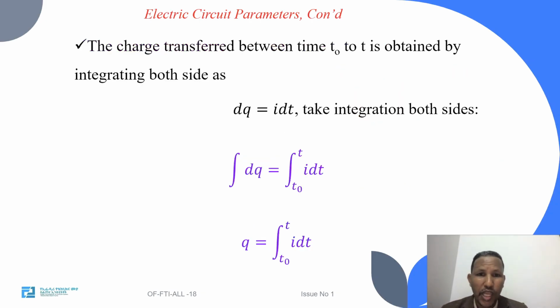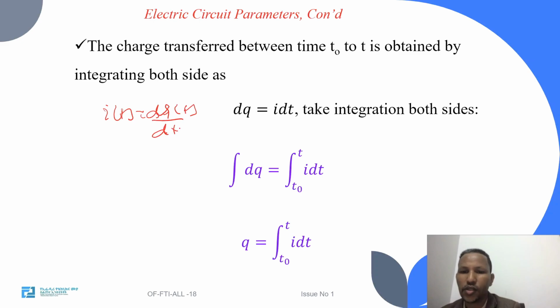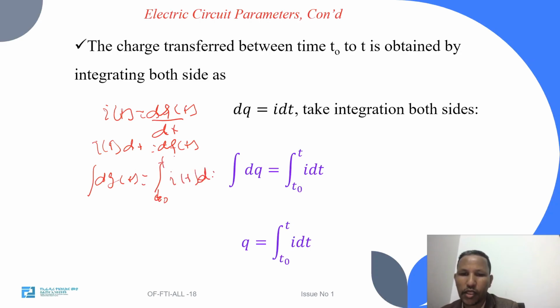The charge transfer between time t0 and t is obtained by integrating both sides, because we have said that i(t) is dq(t) by dt. So multiply both sides by dt, and you will have i(t) dt equals dq(t), okay. Taking the integral of both sides, you will have the integral of dq(t) equals the integral from t naught to t of i(t) dt.